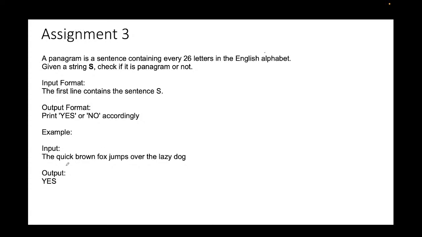An example is given. Okay, so this sentence contains all the 26 alphabets. All the 26 letters in the English alphabet are here, so we are getting an output yes.